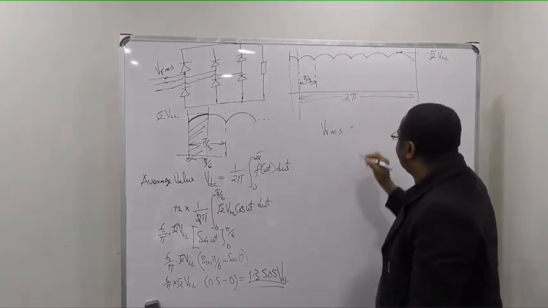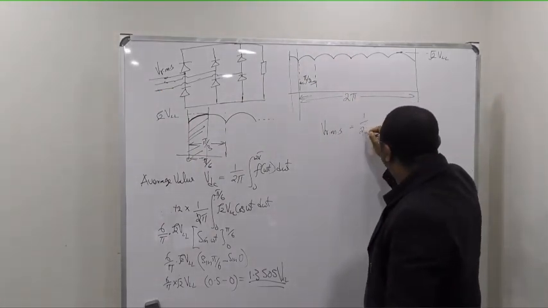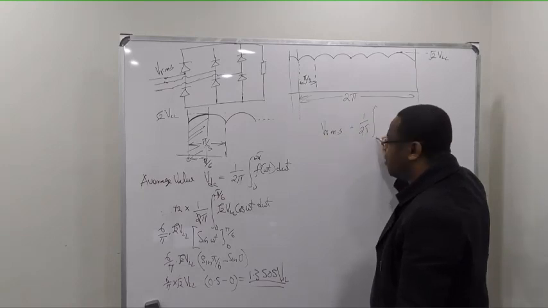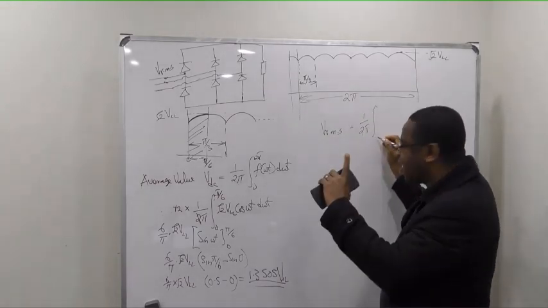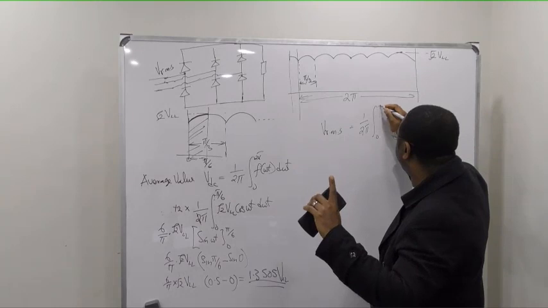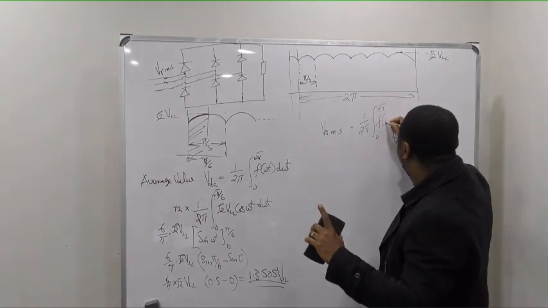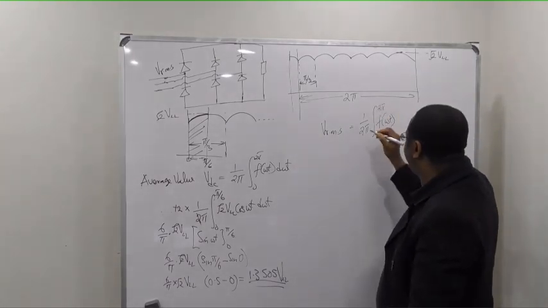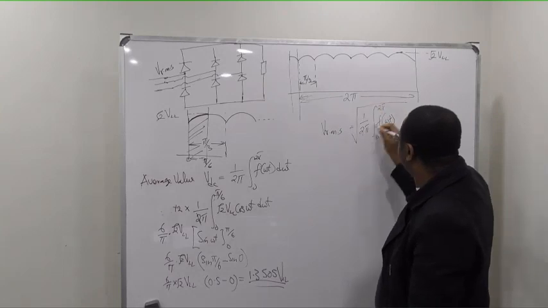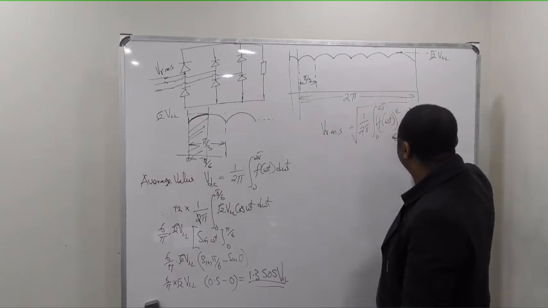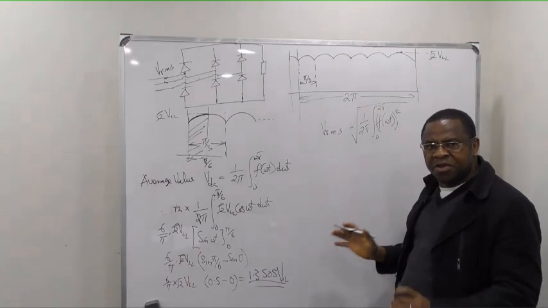Now that will give you 1 over 2 pi. RMS means root mean square. So if I get the mean, the root of it and the square of the signal, that's the root mean square.